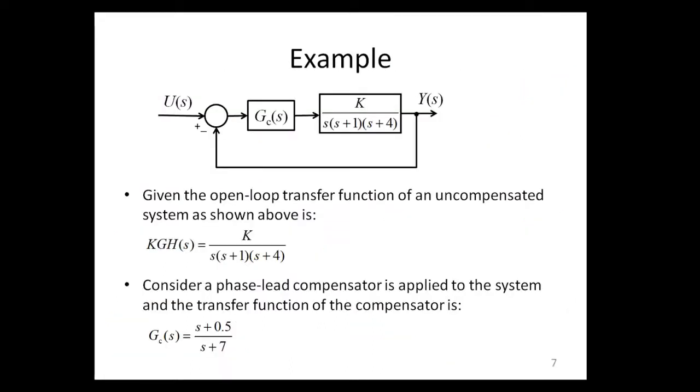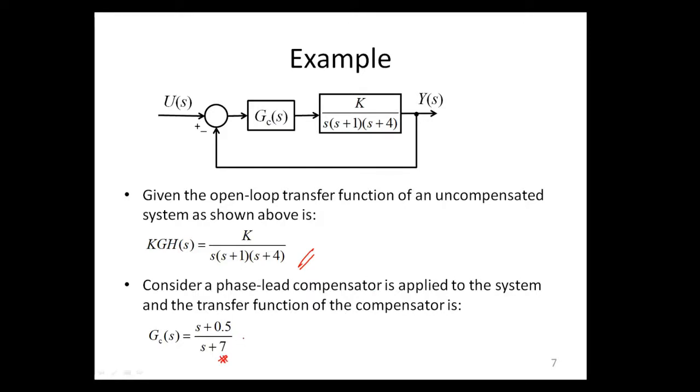This example illustrates how we could use the phase lead compensator to change the transient response of a system. Given that the open loop transfer function of the uncompensated system is given by this transfer function, consider that we are going to apply a phase lead compensator to improve the transient response of the system, and the transfer function of this compensator is given as this.